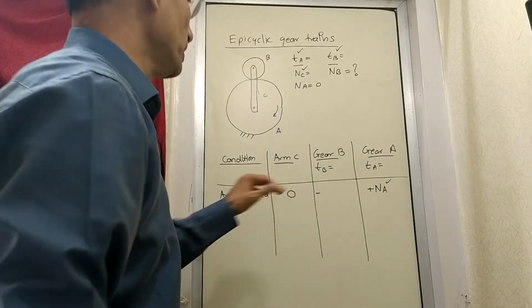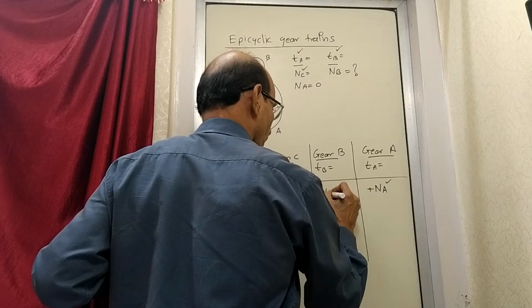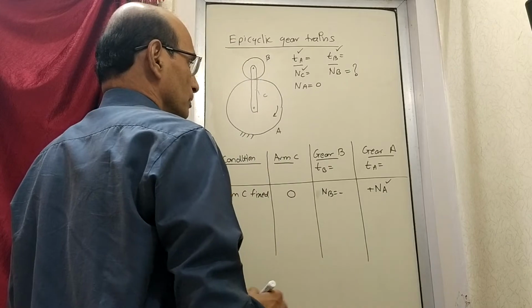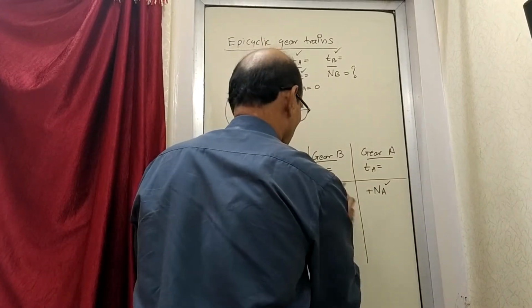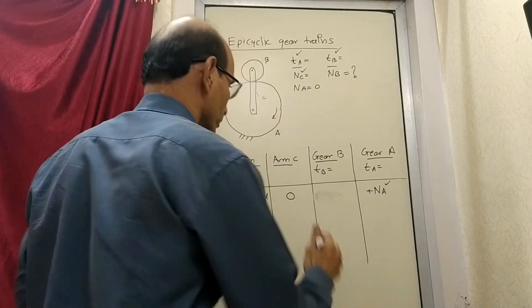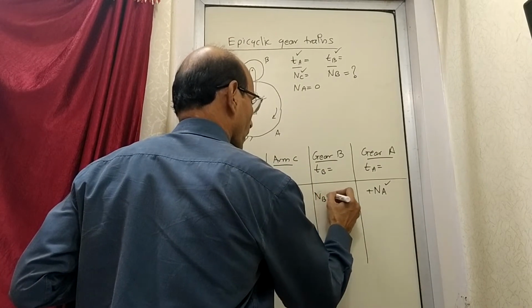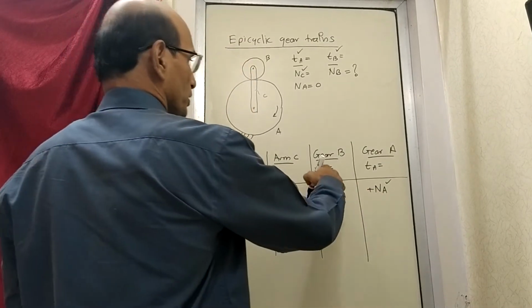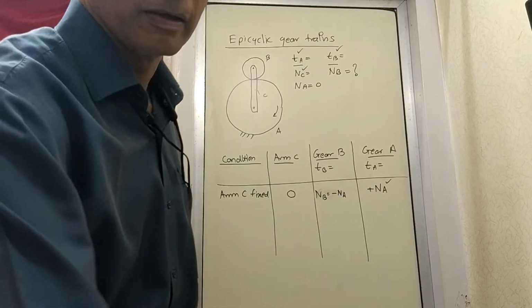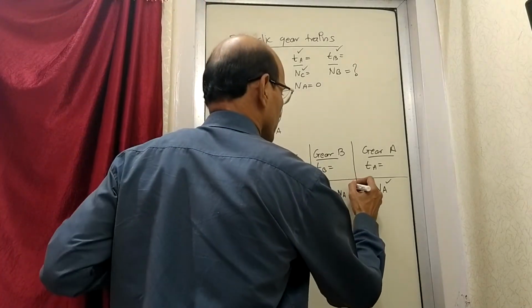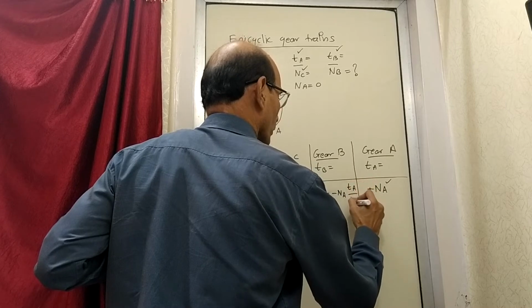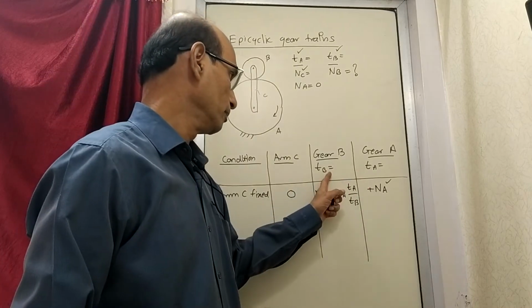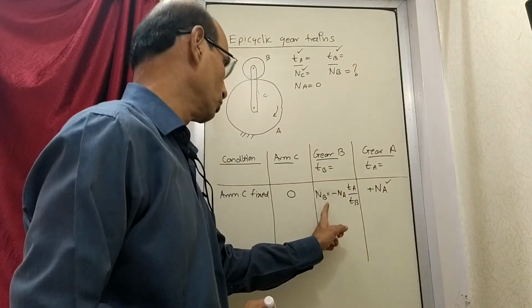And what is going to be the speed of B? The speed of B is minus the speed of A times the ratio of teeth, TA upon TB. So TA upon TB into speed A is equal to speed B, with a minus sign.